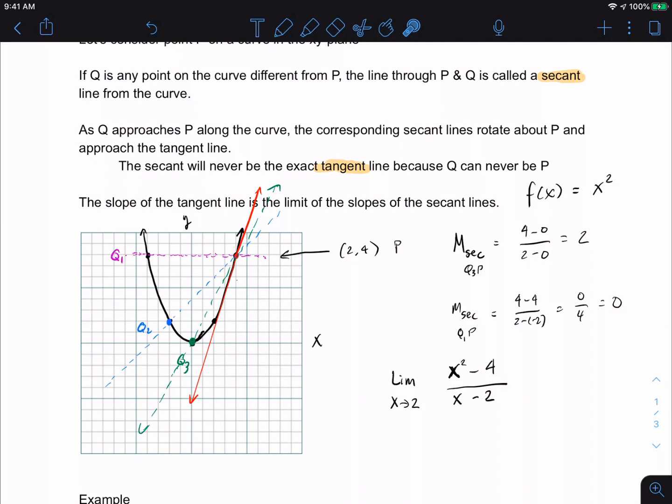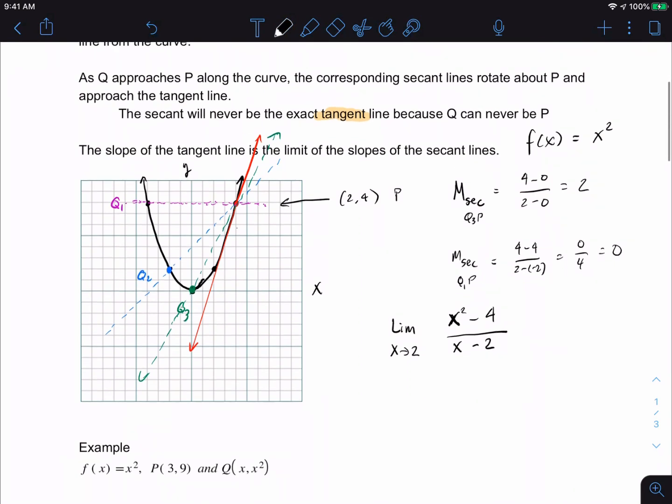And then from here, what we end up seeing is this is something that will be factorable. And so we'd have the limit as x approaches 2. The top is a difference of squares. So don't we get x minus 2 times x plus 2 over x minus 2? Right? So then that's going to give me the limit as x approaches 2 of x plus 2.